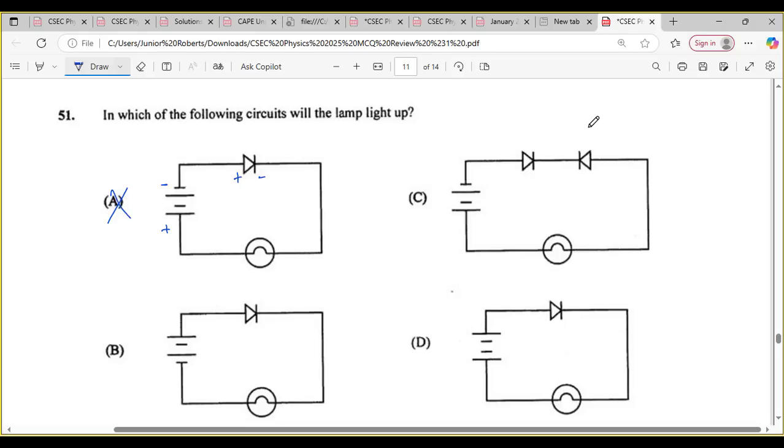Current will not flow for that one. For B, this is positive, this is negative, so this is forward bias. Current will flow through the circuit, so the lamp will light up. In this case, we don't know what's going on right here, so this will not light up. You don't connect a battery like that, so this will not light up. So 51 would be B.